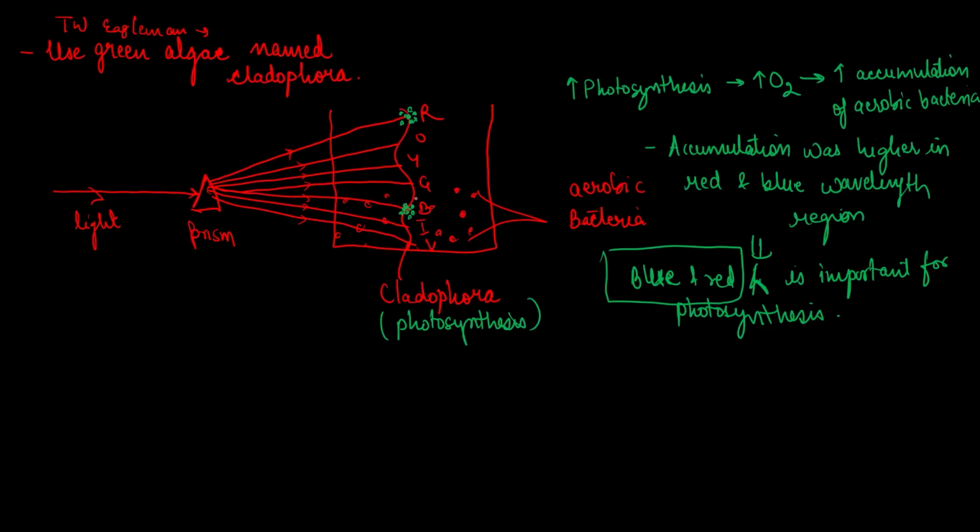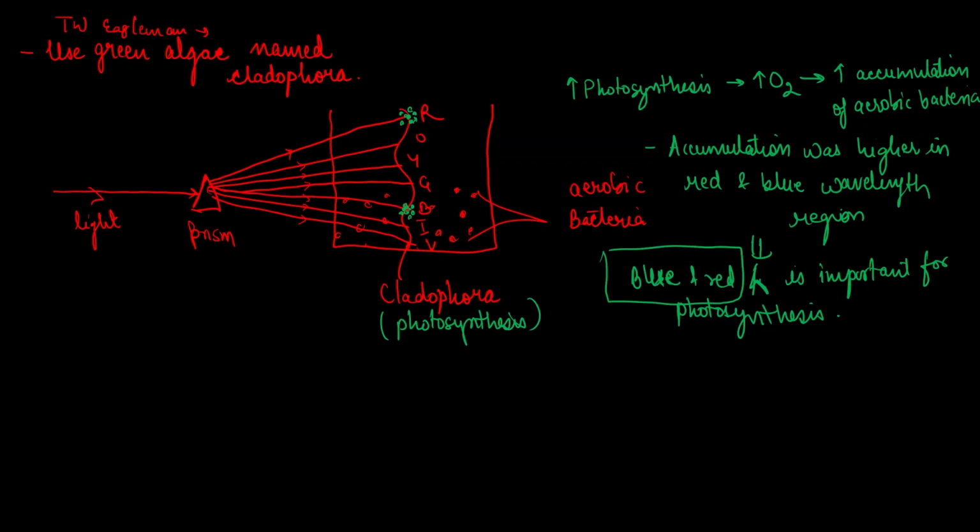Because of this, we see accumulation of bacteria at the regions of the Cladophora corresponding to the blue and red light, and hence blue and red wavelengths of light are important for photosynthesis.